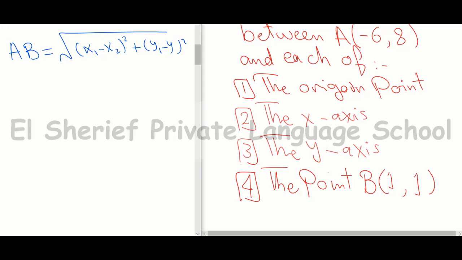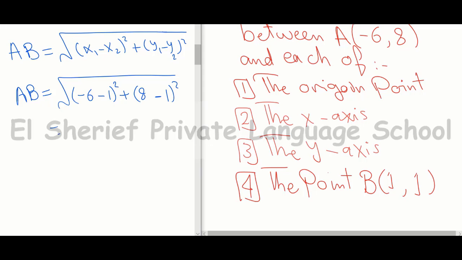Then the distance between A and B equals the square root of negative 6 minus 1 all power 2 plus 8 minus 1 all power 2. The result will be 7 root 2 unit lengths.